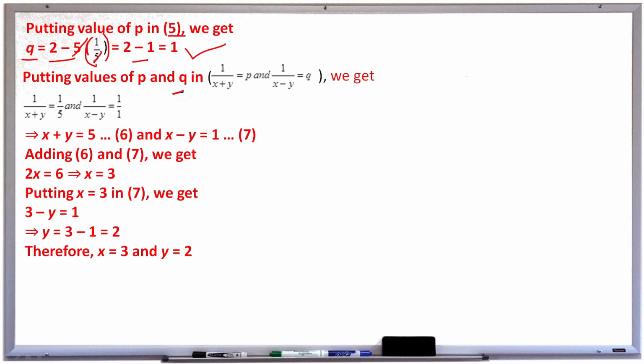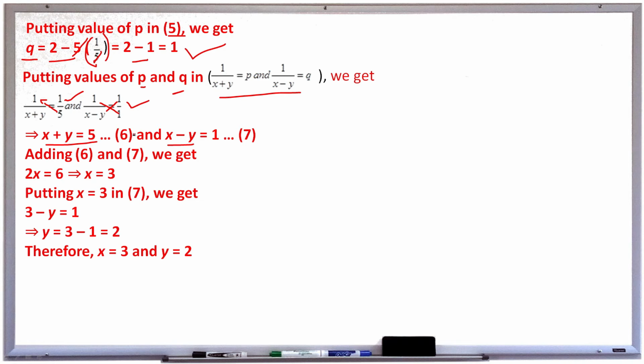Now put the p and q values here: 1 by x plus y is equal to 1 by 5 and 1 by x minus y is equal to 1 by 1. Cross multiplying, x plus y is equal to 5. Here cross multiplying, x minus y is equal to 1 1s are 1. So x plus y is equal to 5, x minus y is equal to 1.